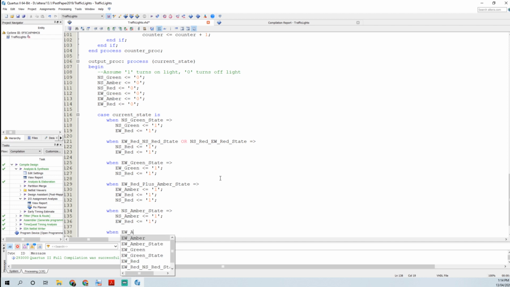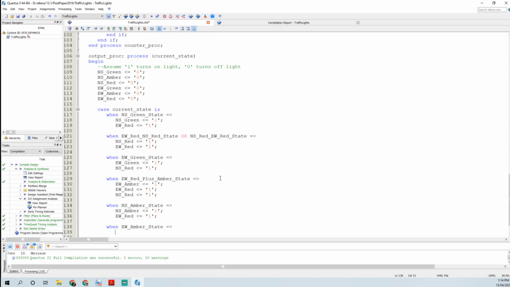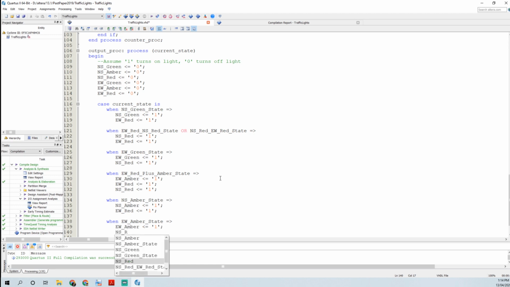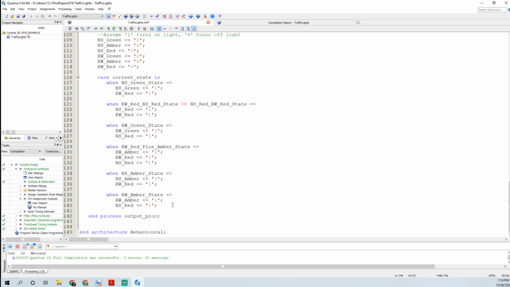When I'm in the east-west amber state, then my east-west amber is going to be on, and my north-south red is going to be on. Right? Just think of how the traffic light works so that you could figure out the logic for this stuff here. Okay. Let's see, we did east-west red plus amber.